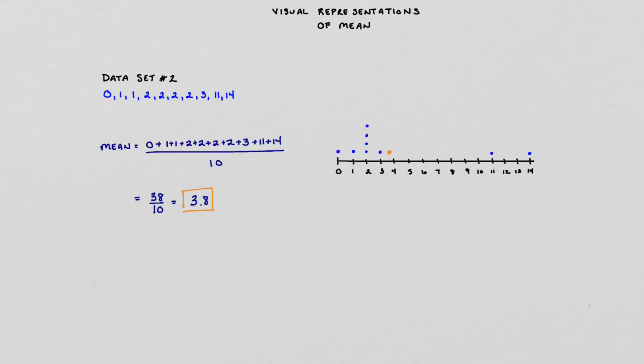However, say I have a lot of smaller valued numbers and maybe just 1 or 2 larger valued numbers by comparison. So with this data set: 0, 1, 1, 2, 2, 2, 2, 3, 11, and 14. Again, take a look at how the blue dots fall on this dot plot. And we find that our average ends up being 3.8.